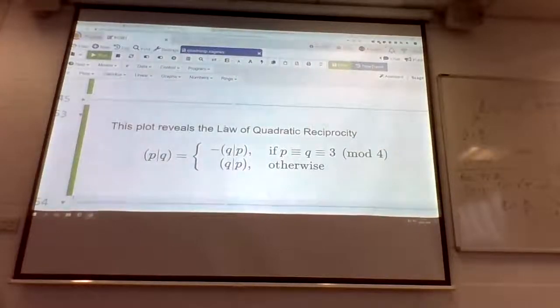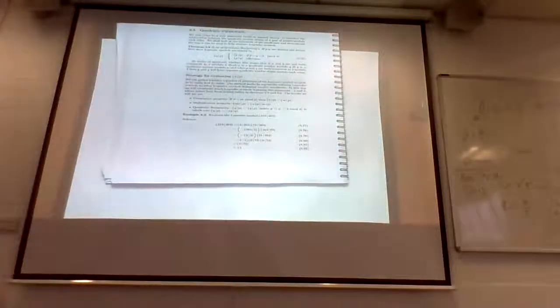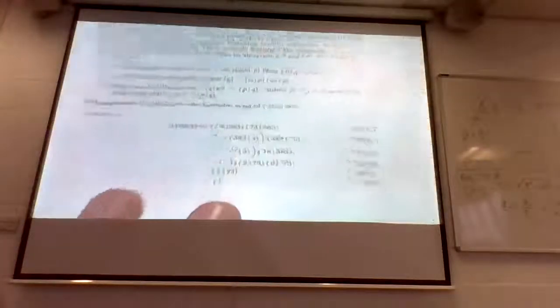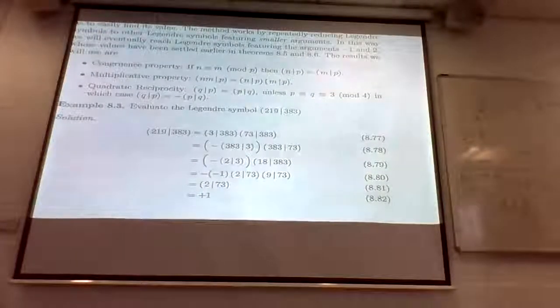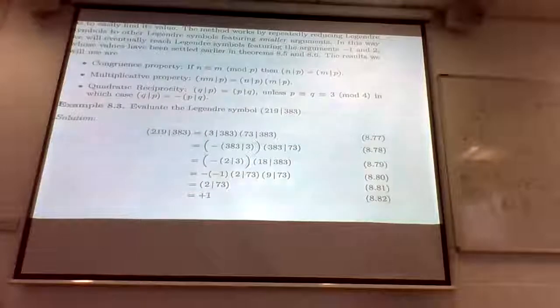Okay, so let's look at this example in the notes. There's an example at the bottom of page 64. Now, we'll say more about this in due course, but what quadratic reciprocity gives us is an algorithm for evaluating Legendre symbols.